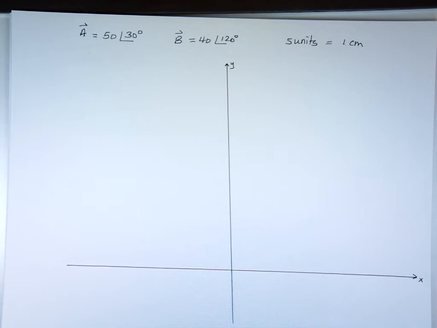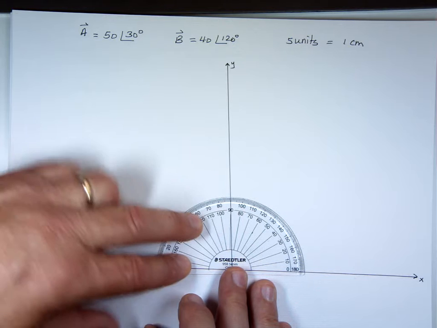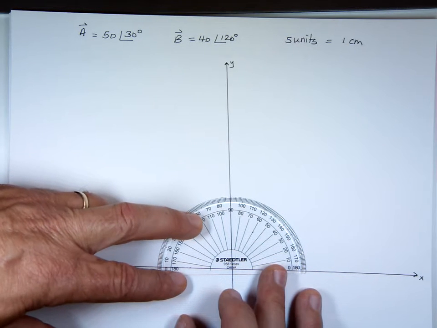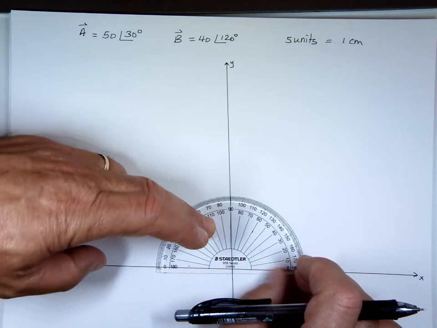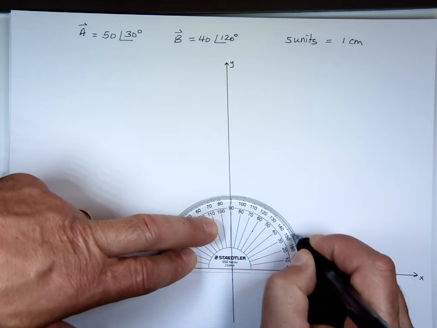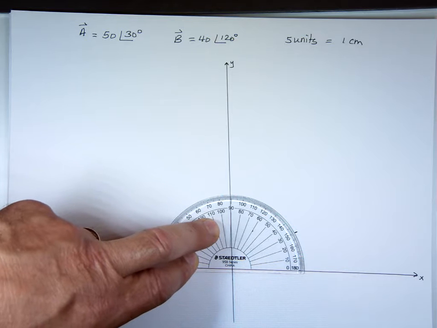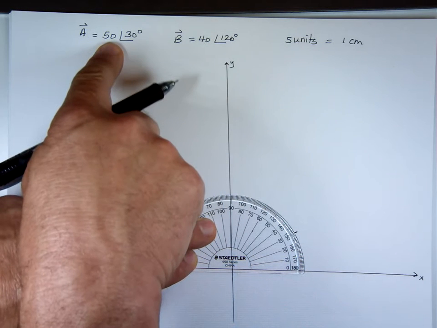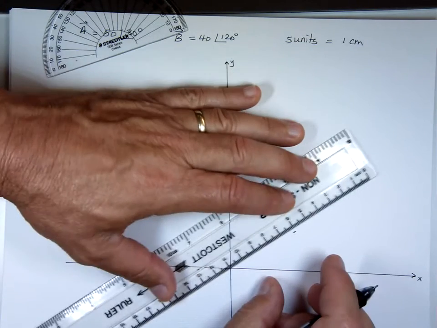Let's measure the first one, which is the 30-degree angle. Notice I'm a little bit off there with my axes here. They're not really exactly 90 degrees. So the 30-degree angle is right here. And how long is that vector? 50. So the scale will be what? 10 centimeters?